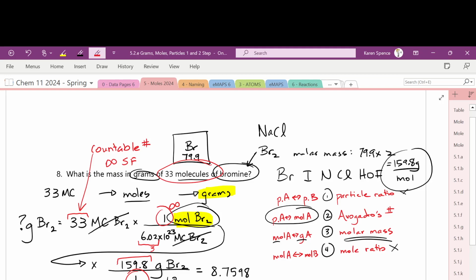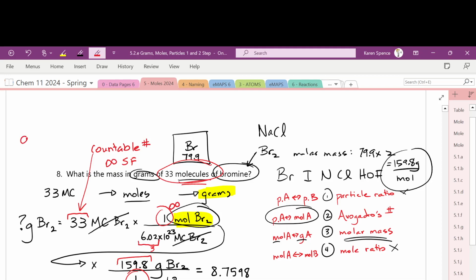Oh, do you go add like that Br2 at the end? Oh, I should probably. Like that. Yeah. Pardon me? Why is it Br2? Because bromine is one of the diatomic elements. Do you remember the diatomic elements? Yeah? So it says molecules of bromine.